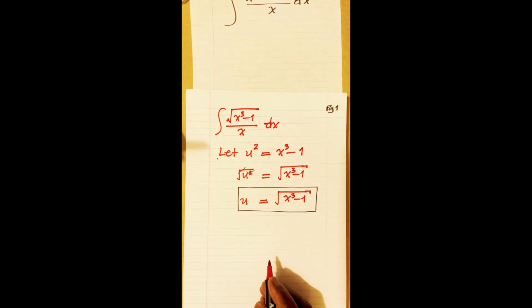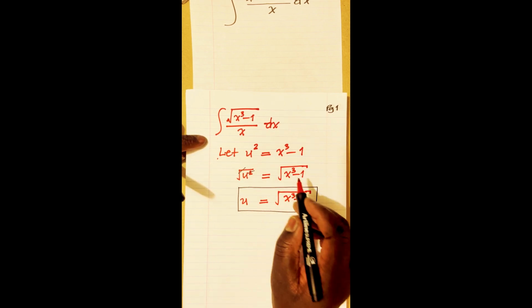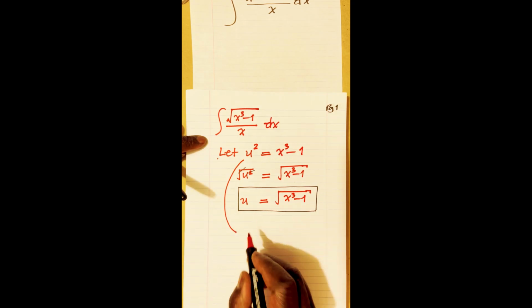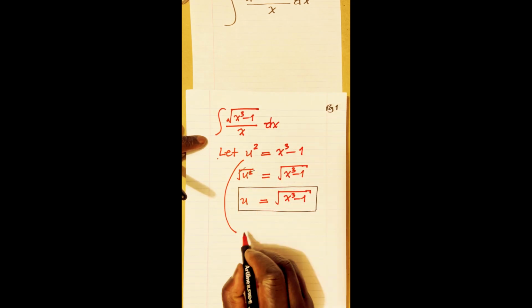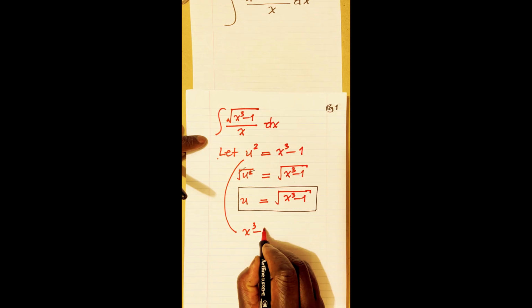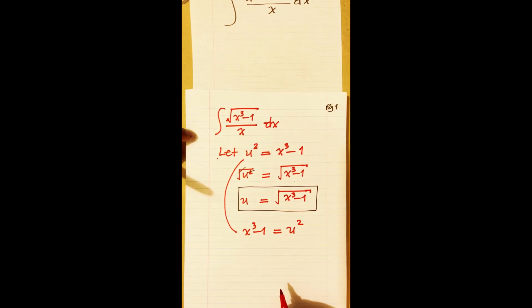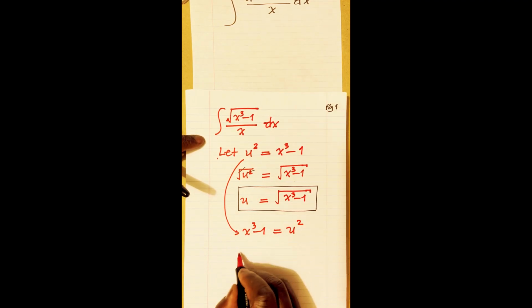The second equation we're going to obtain from this equation is by first of all rewriting. So I'm going to rewrite this equation to x cubed minus 1 being equal to u squared. And so from here I'm going to add 1 on both sides. What I get on the left is going to be x cubed.